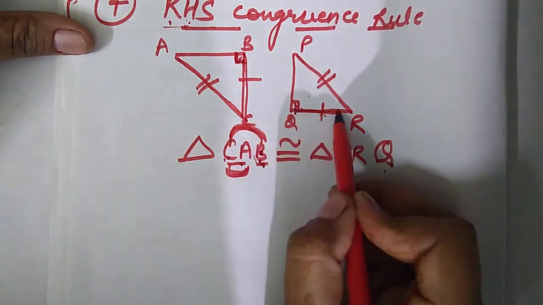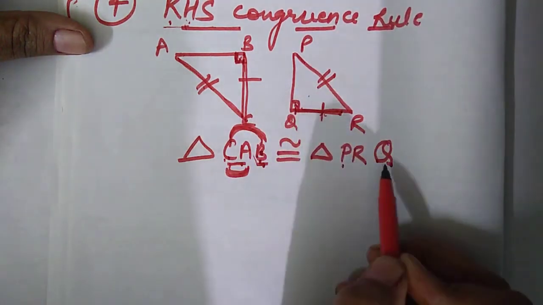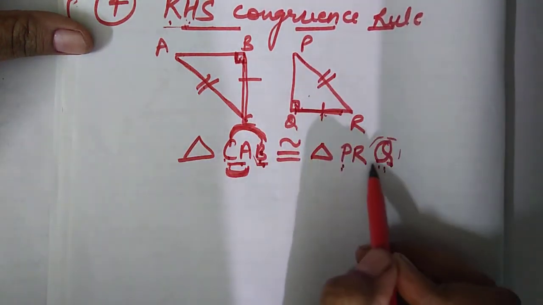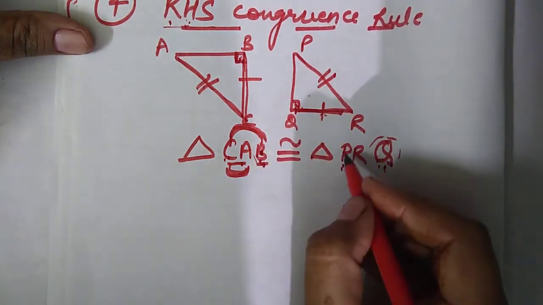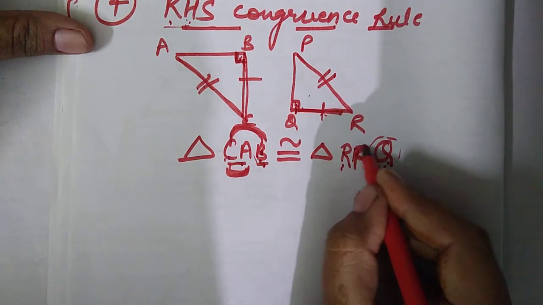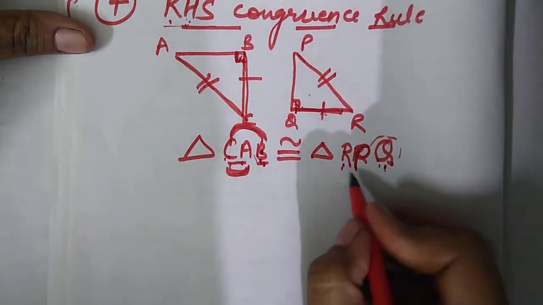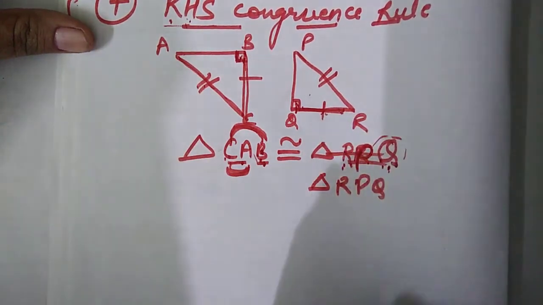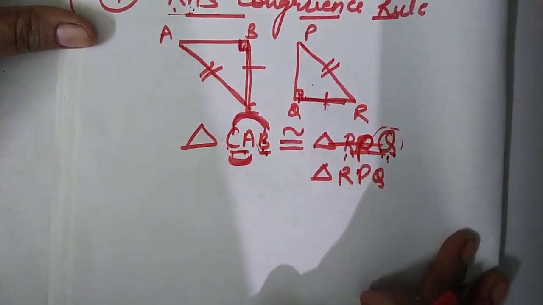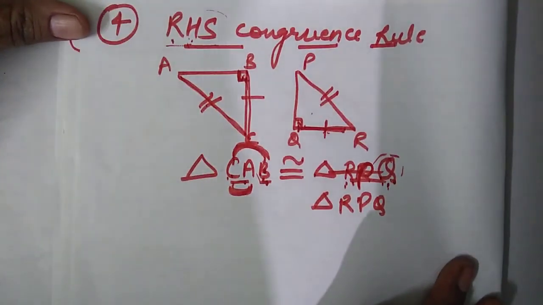BC is equal to QR, so there must be QR. I can't change the position of Q because there is an equal angle corresponding to it. So let it be R and P. Now the condition is satisfied. Now this is the symbolic form, that is RPQ. So this is the symbolic form in RHS congruence rule.